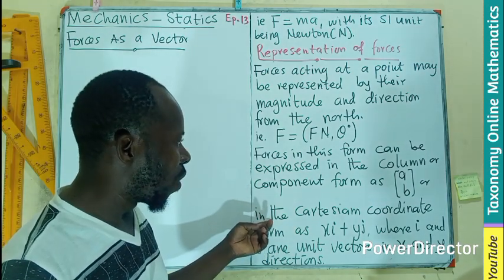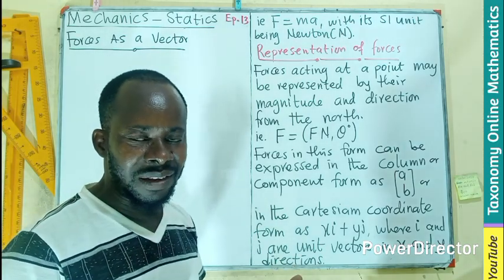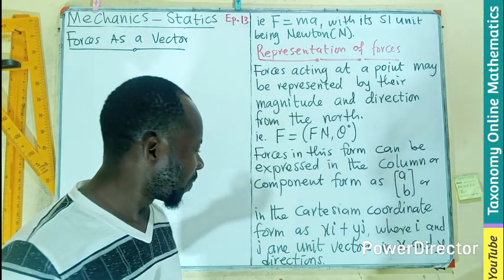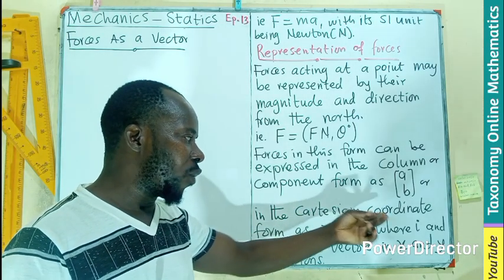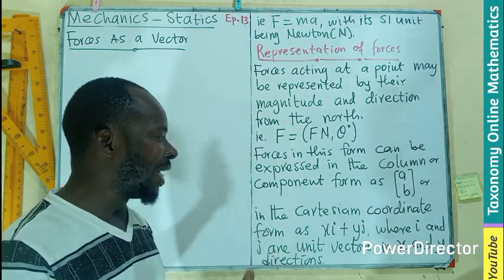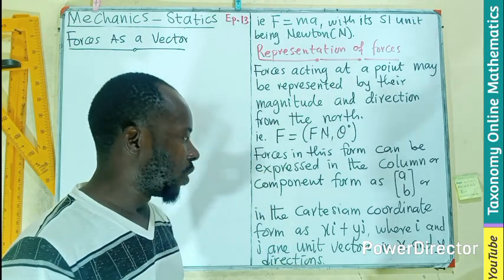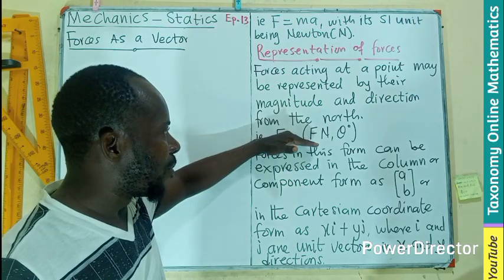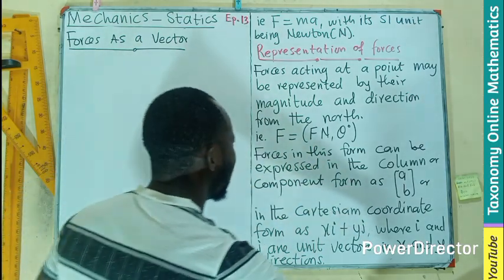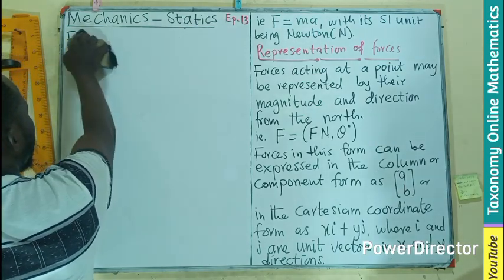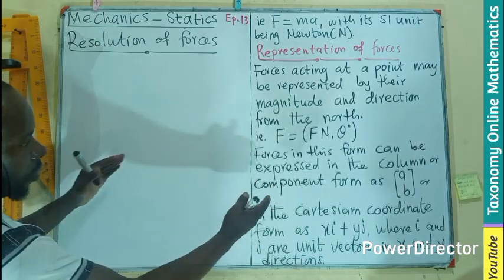Then we can also have what they call the Cartesian coordinate form, which is the i, j system. It is in the form xi plus yj, where i and j are the unit vectors in the x and y directions. To translate from one form to another is what we call resolution of what? Forces. That is resolution of forces.